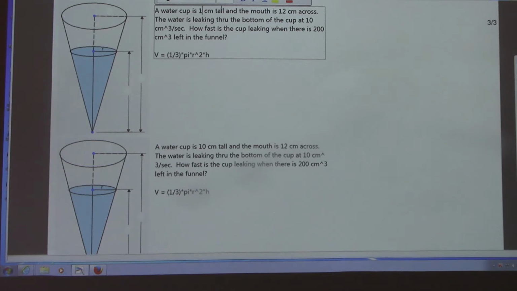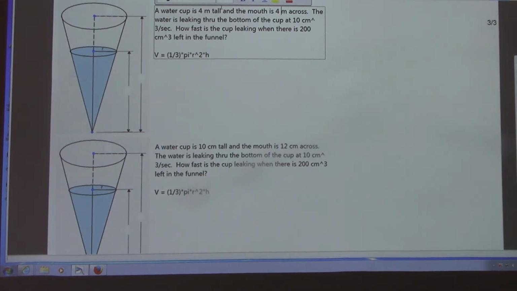So, 4 meters tall, and the mouth is, I'm just going to say 4 meters across, and then you can do the radius.